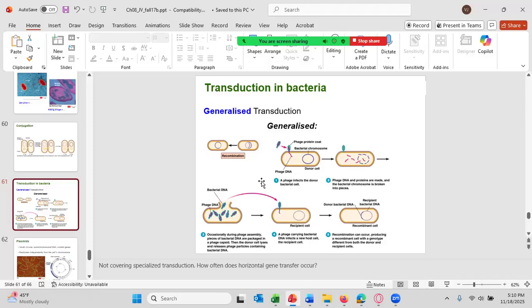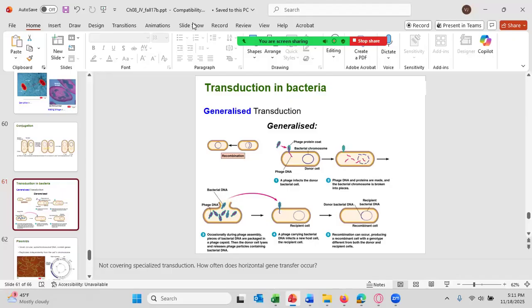So we're going to talk about viruses just for a little bit. I realize we haven't talked about viruses yet, but a bacterial virus can infect a cell and then put its genetic complement into the cell.